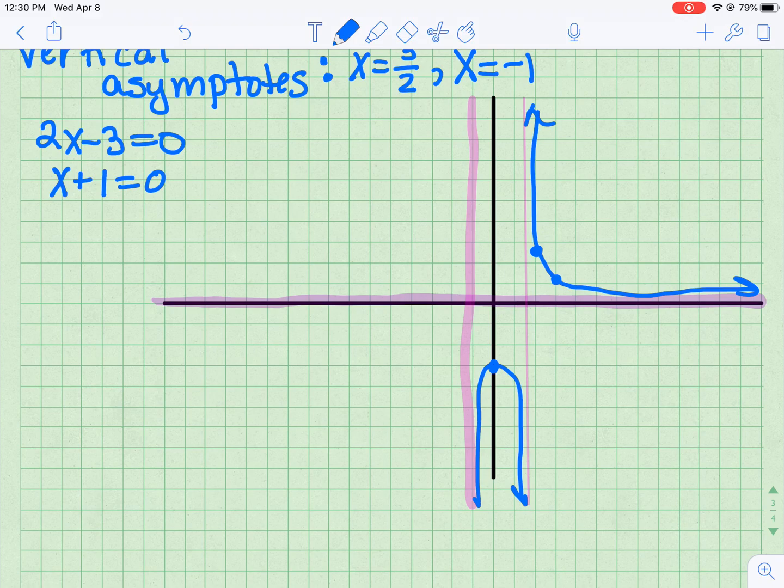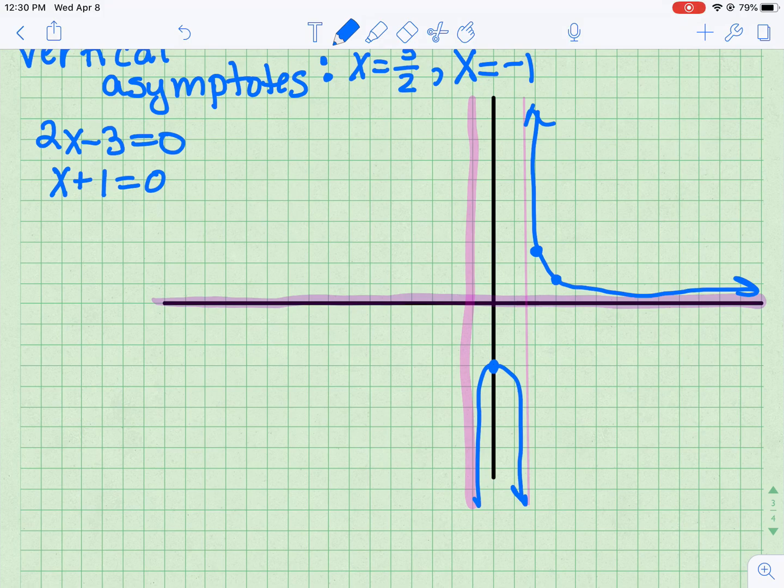Let's see if I can get over to the other curve. Come on, go to the other curve. You're not going. Maybe go the other way. Okay, not that one. Okay, there we go.